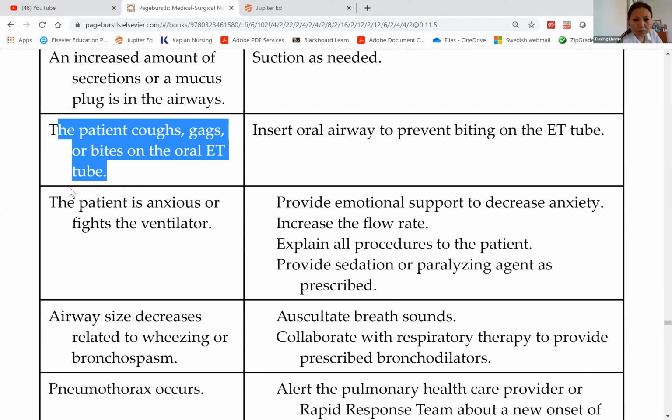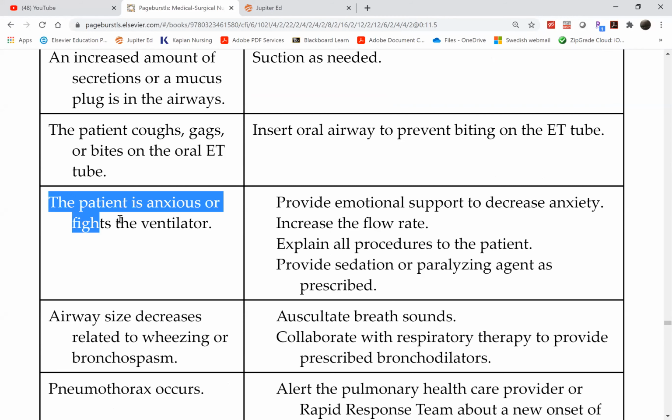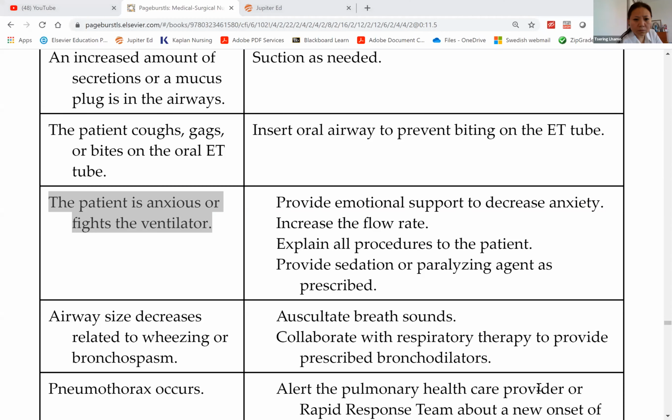Or this one, this frequently happens in assist control when respiratory alkalosis is happening. This is another problem.